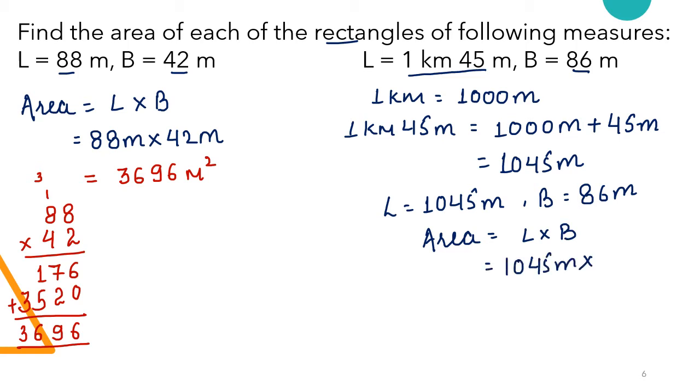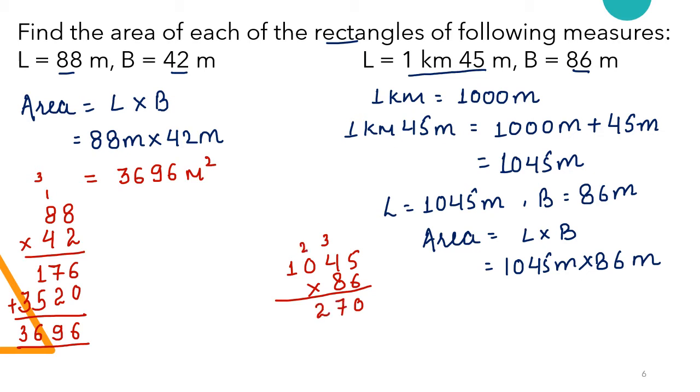Now multiply both the numbers. 1045 multiplied by 86. 6 5s are 30, 3 carry, 6 4s are 24 and 3, 27. 2 carry, it will come down. 6 1s are 6. Put 1 0.